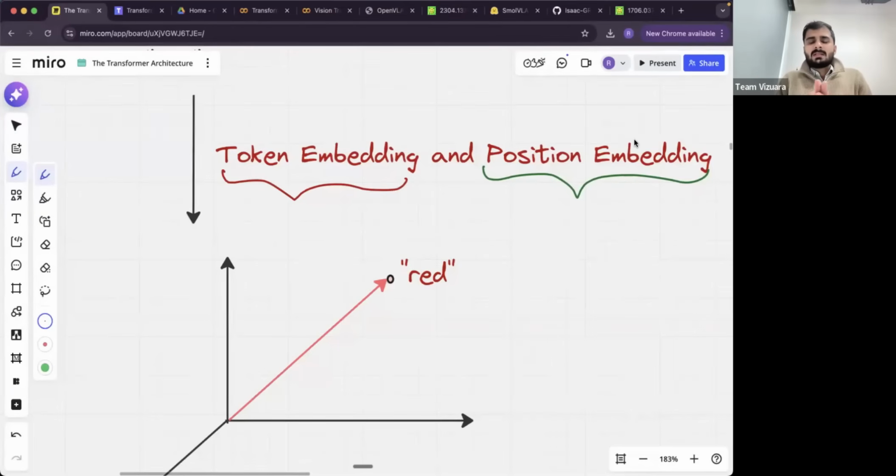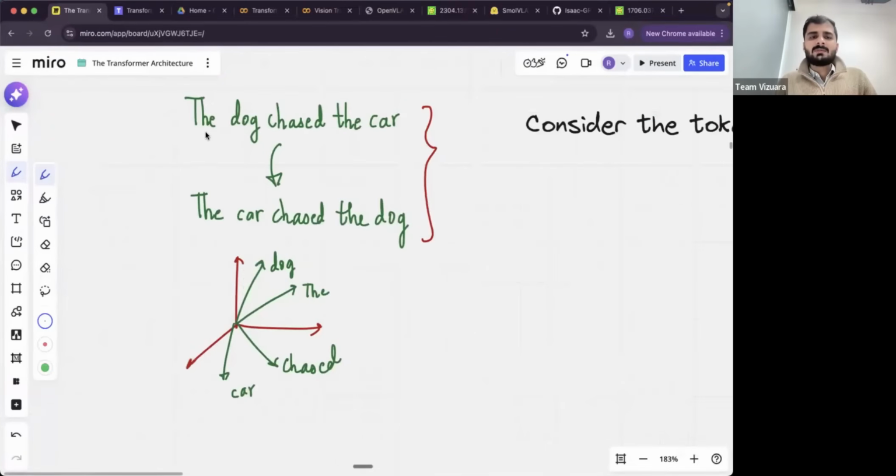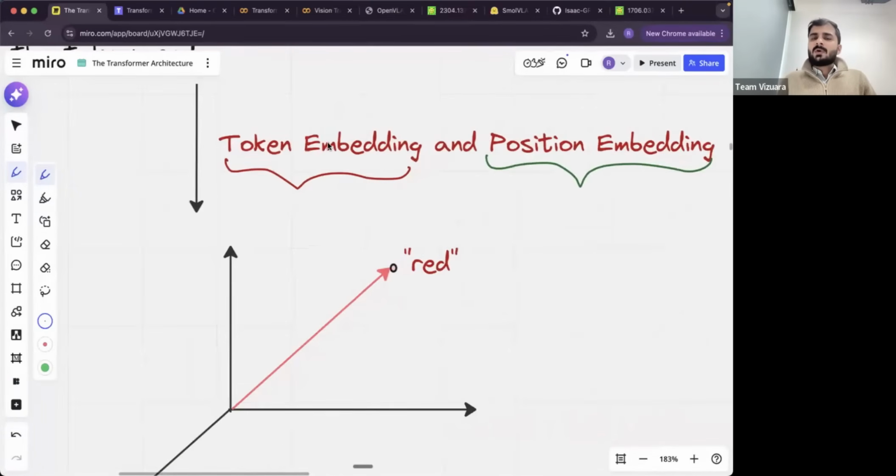Position embedding indicates where in this sequence the token lies. Is this position 0, position 1, position 2, position 3, etc.? For example, this is position 0, 1, 2, 3, 4. But in this sentence, the position for the token dog is 4, whereas in this case it is 1. So the position embedding is going to be different for both these sentences. And people usually add these token embeddings and position embeddings to represent one single vector for each token.